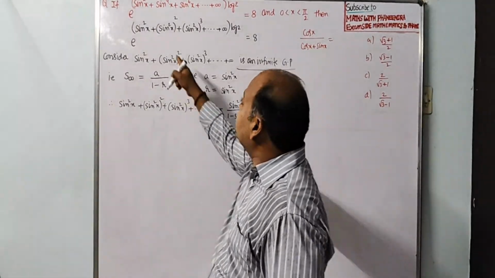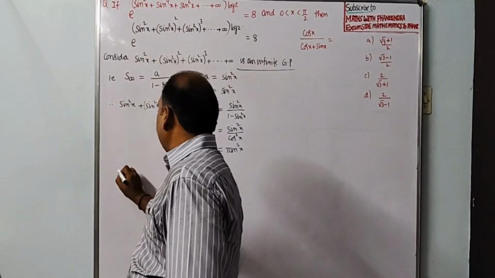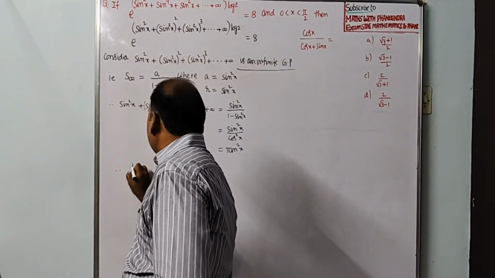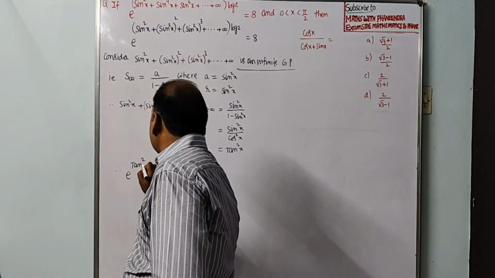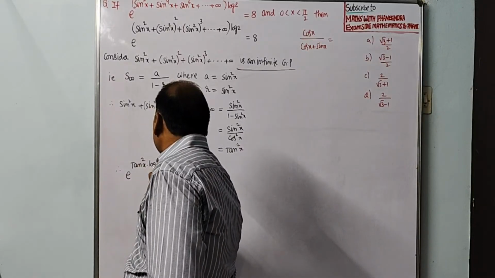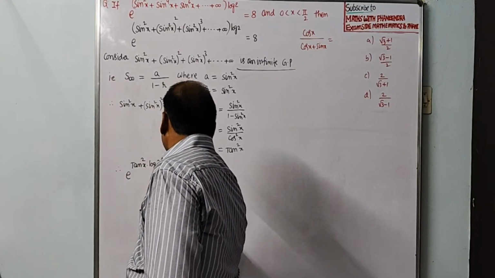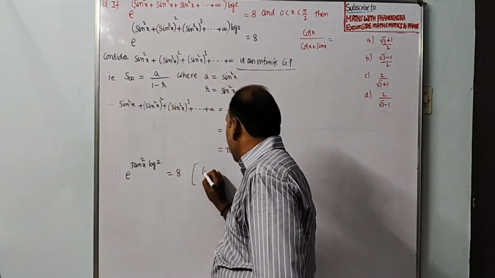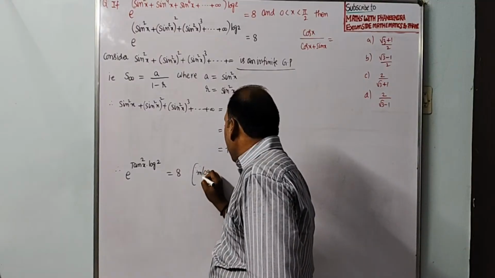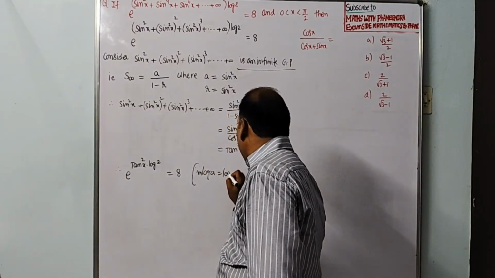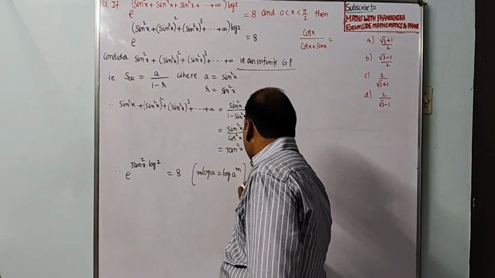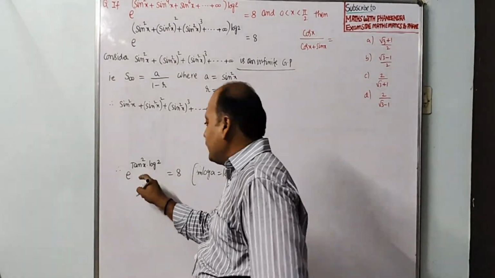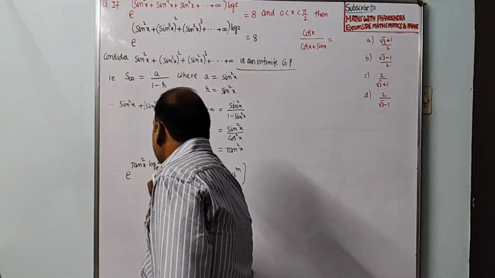So wherever this value is in the exponent, the expression becomes e power tan square x into log 2 is equal to 8. From the logarithm formula, m log a is equal to log a power m. Here m is tan square x, and log 2 has base e.